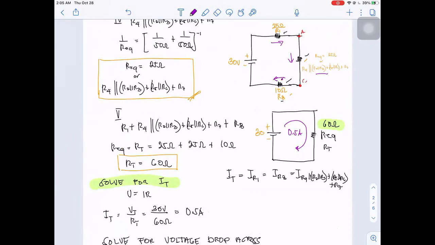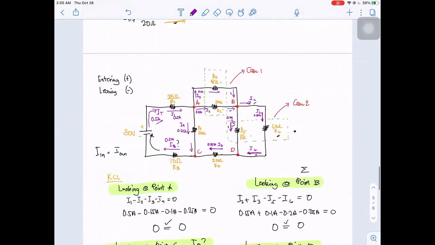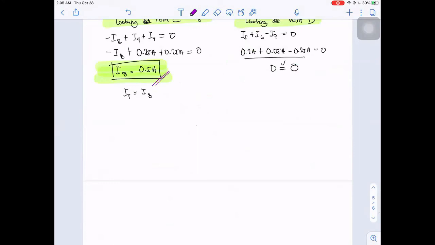So actually we already know the value of current that is flowing in resistor 8. So just to validate the solutions earlier using KVL, and it satisfies also. We computed and we checked that I8 is equivalent to 0.5 ampere.